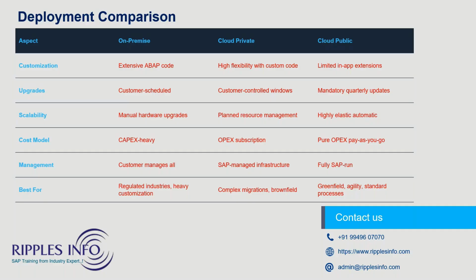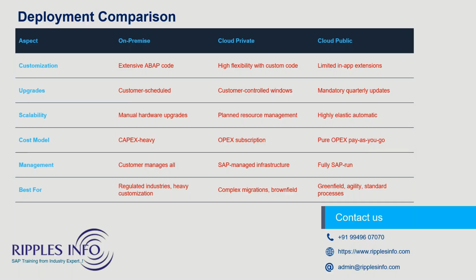For them, SAP came up with another option called SAP S/4HANA Cloud Private Edition. If you look at the scope and functionality, this is exactly the same as on-premise. Let us say the current version is 2025. Whether you go with on-premise or Cloud Private Edition, you will get the same version, S/4HANA 2025.